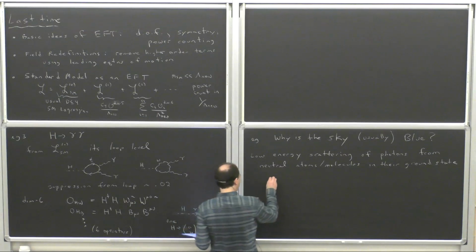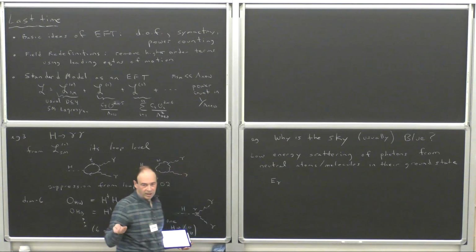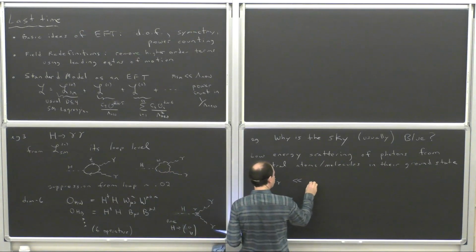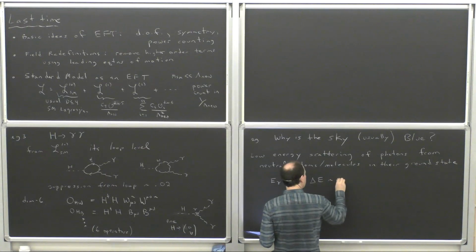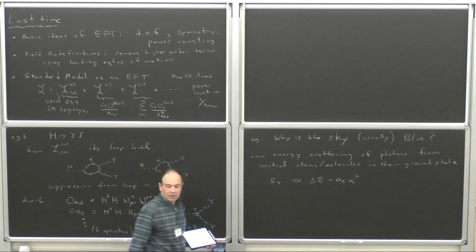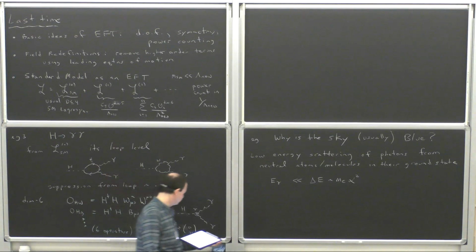So let me define what I mean by that. We have the energy of light, what we can see with our eyes, and that is much less than the typical excitation energies of atoms, which go like, as we talked about last time, the mass of the electron times alpha squared. This is like the Bohr transitions.